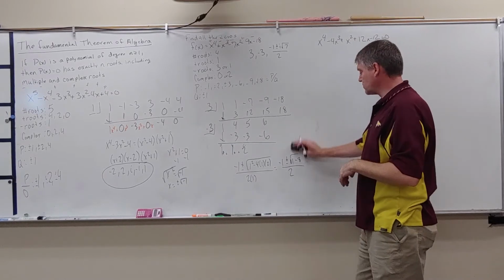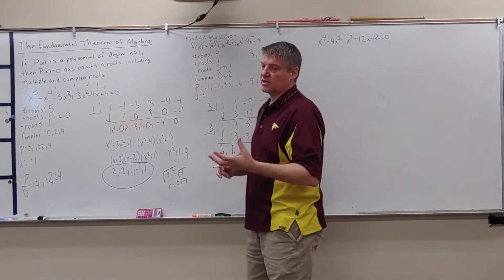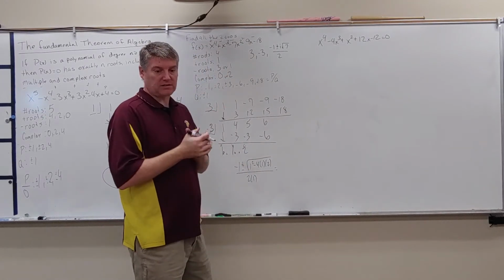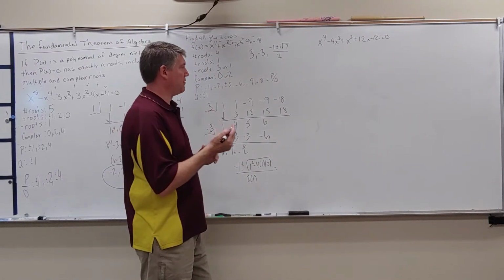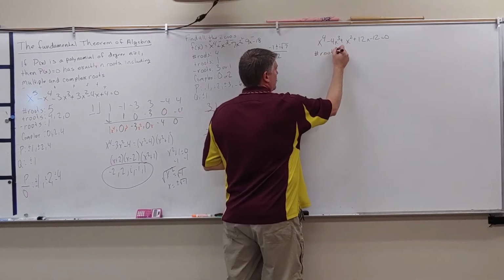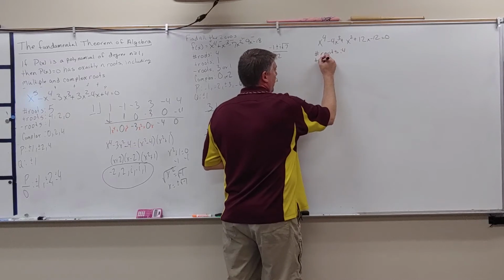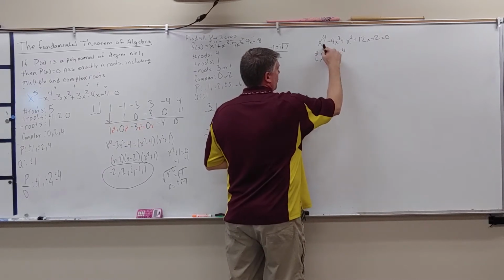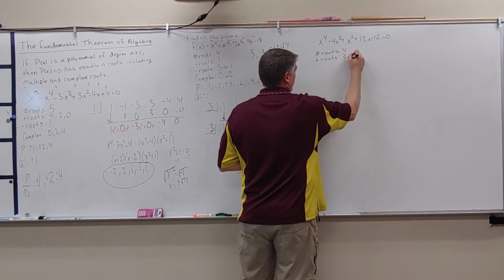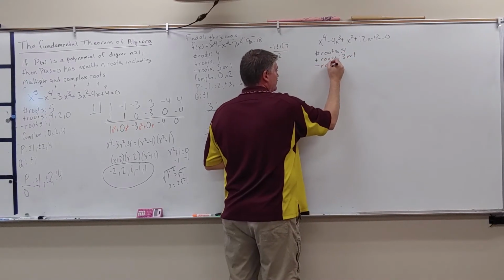All right? We're going to do this one more time just for practice to get you guys going on it. And then that's kind of using the fundamental theorem of algebra. So number of roots, 4, positive roots, 1, 2, 3. So I have 3 or 1 negative roots.